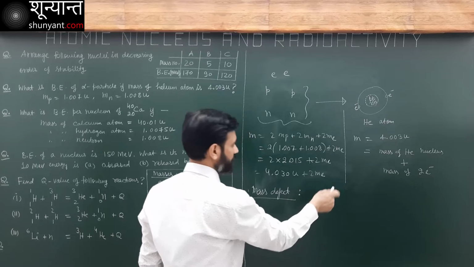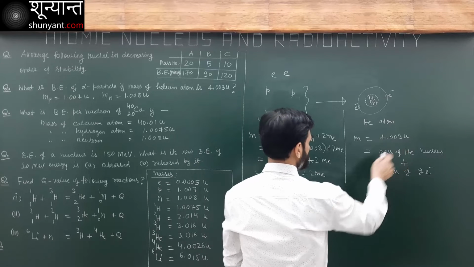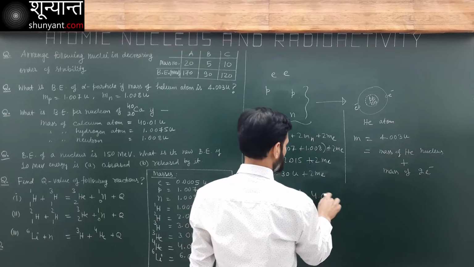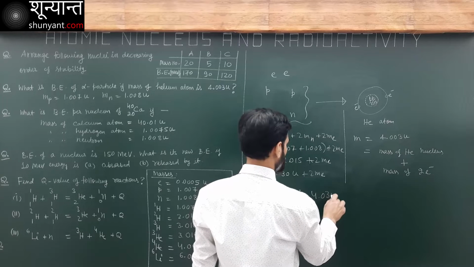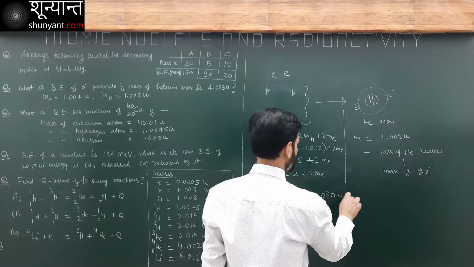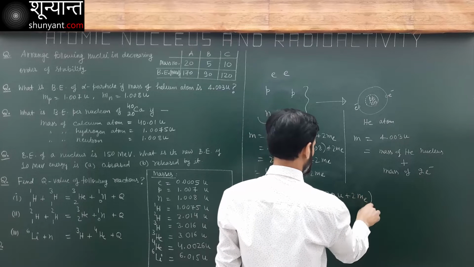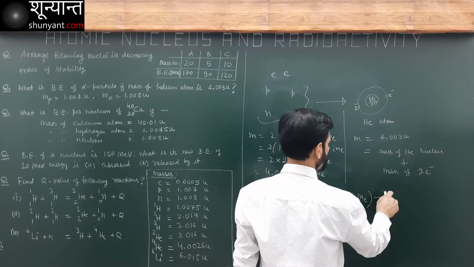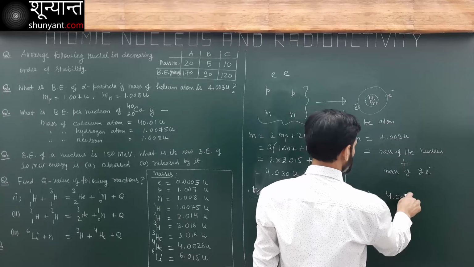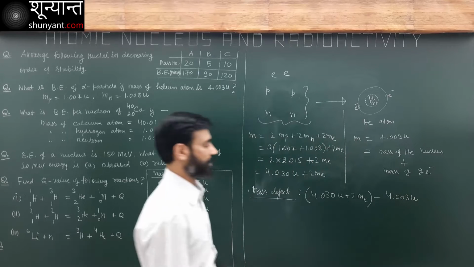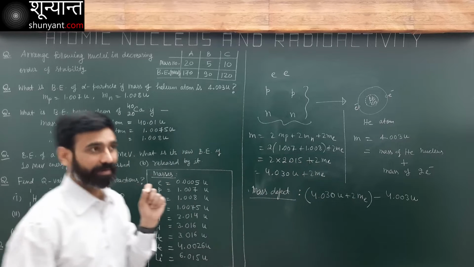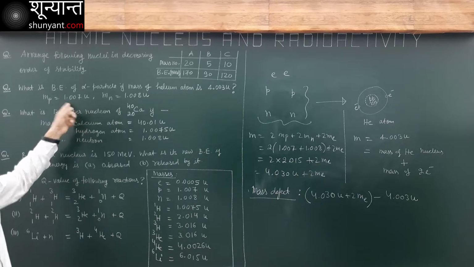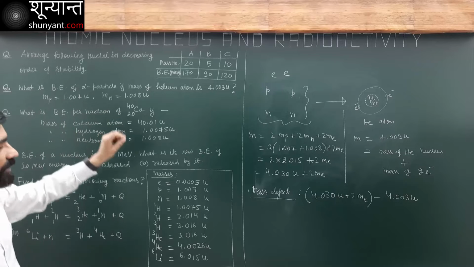Mass defect is equal to 4.030 U plus 2 times the mass of electron, minus 4.003 U. Mass of electron is not given in this problem.